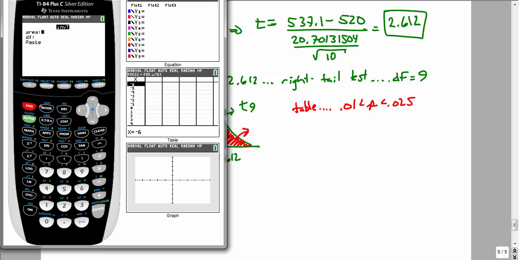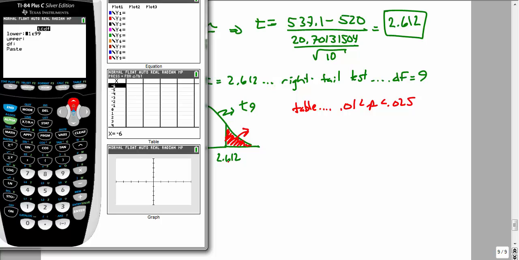I'm sorry, we don't want inverse t, we want TCDF, which is option 6 here. My lower would be this value of 2.612, my upper is some very large number toward positive infinity, and the degrees of freedom were 9. So my TCDF gives me my area of 0.014.